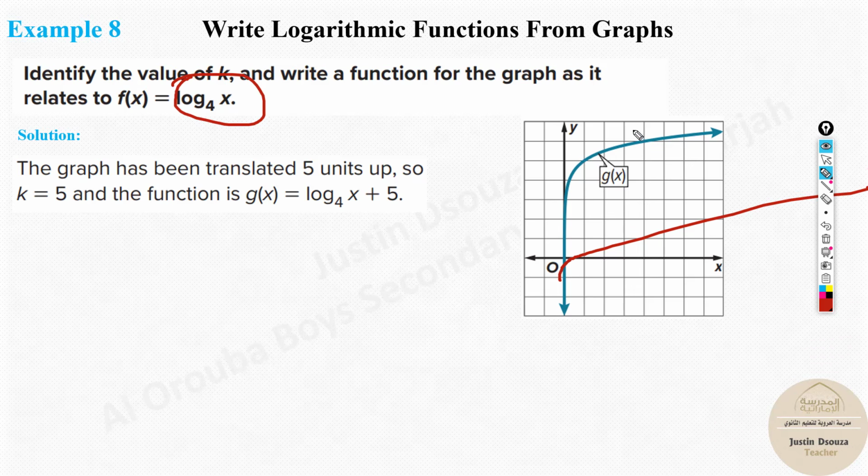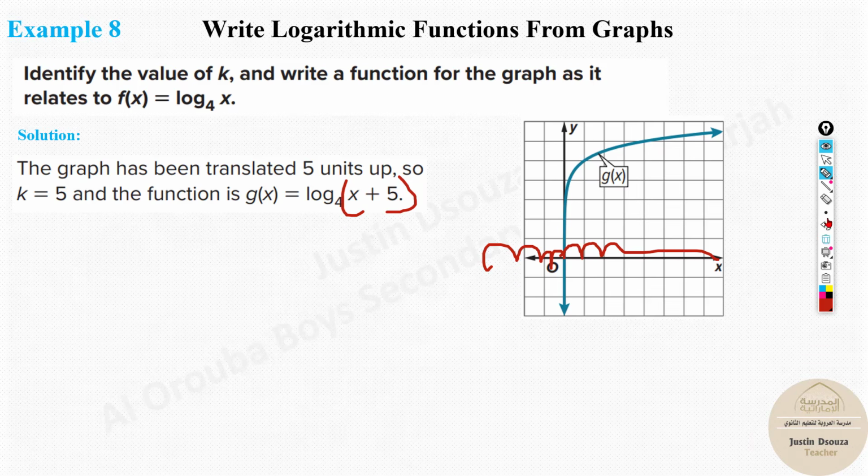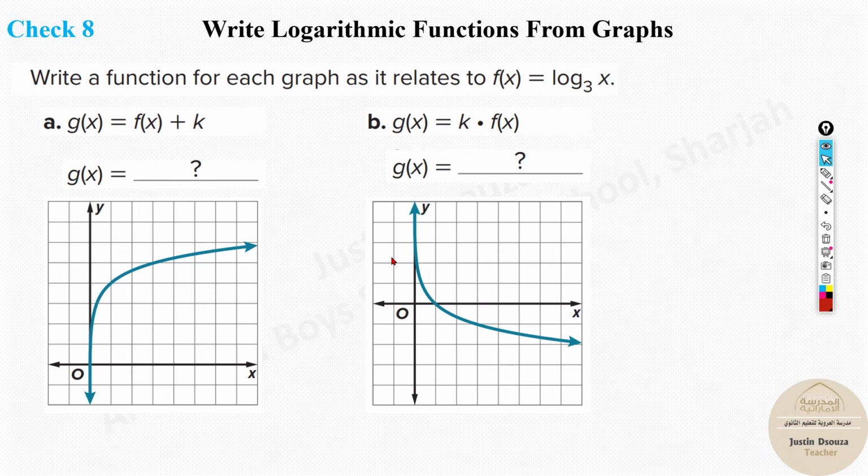Our parent function is log base 4 of x, but what is the addition of k, the vertical translation? Just count 1, 2, 3, 4, 5. The point (1, 0) has been moved 5 units up. So you need to just add 5. If it was moved in the horizontal direction, plus or minus, then it would have been in brackets with the x.